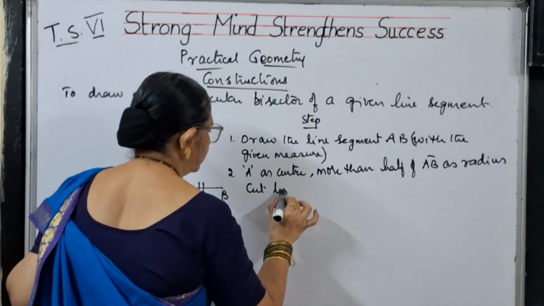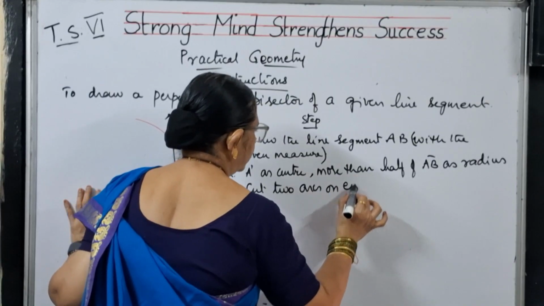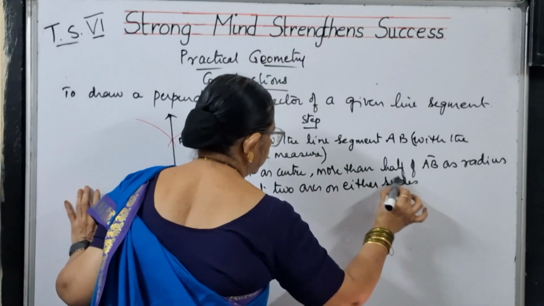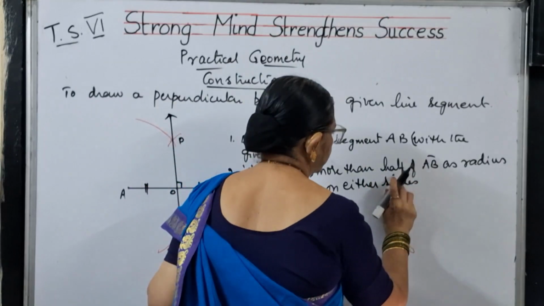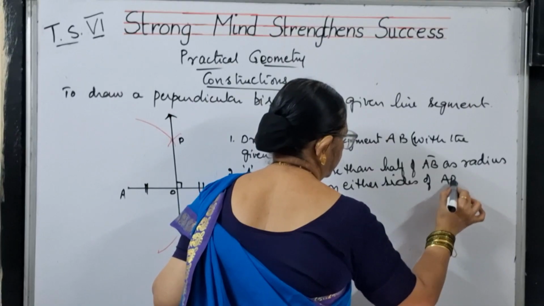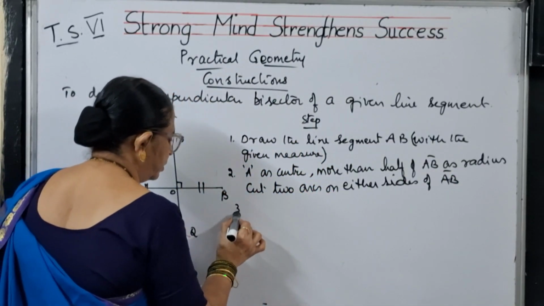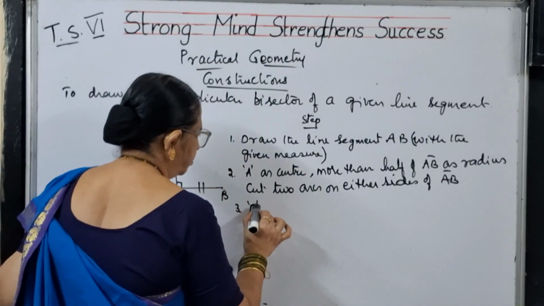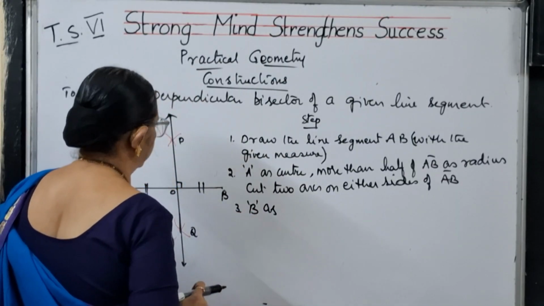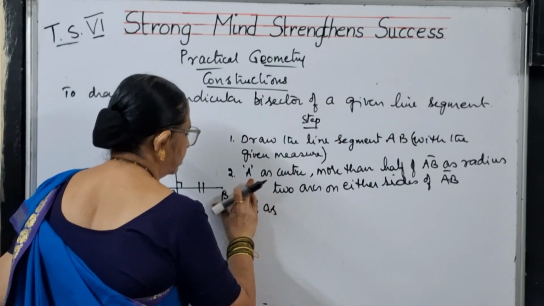Cut two arcs on either side of AB. Next, B as center. Here first you have to write draw two arcs, not cut.